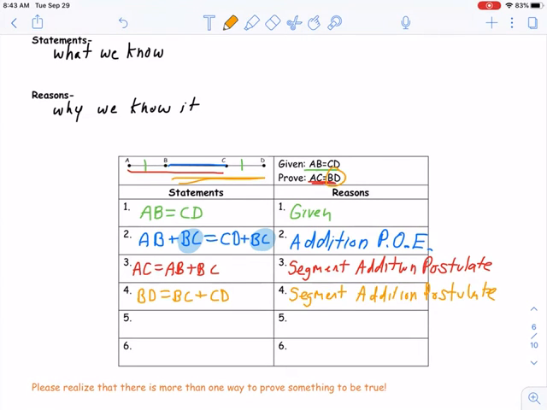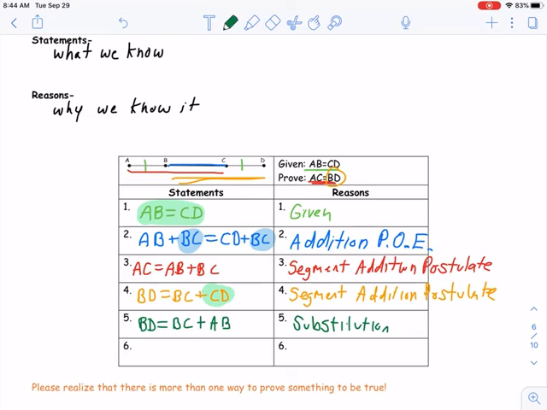So, what can I do from here? In fact, I think I might have done one too many steps, but that's okay. AB equals CD. So I'm going to take CD here, and I'm just going to substitute it in. So I get BD equals BC plus AB, substitution.